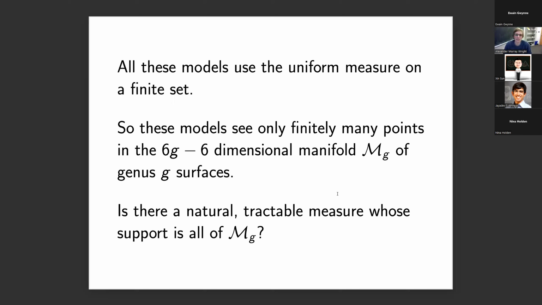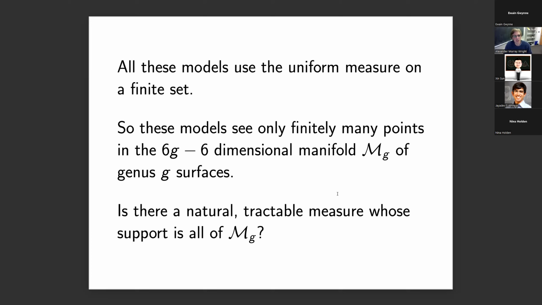But the downside is that these models see only finitely many points in this huge 6G minus 6-dimensional manifold of genus G hyperbolic surfaces. So really, they miss a lot of this moduli space.